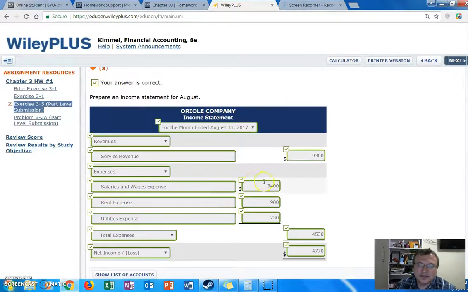So we have salaries expense $3,400, rent expense $900, utility expense $2,300. Total expenses comes right after that. You just add them together. It comes to $4,530. Then what you do is net income, which is your revenues minus expenses. It comes to $4,770.